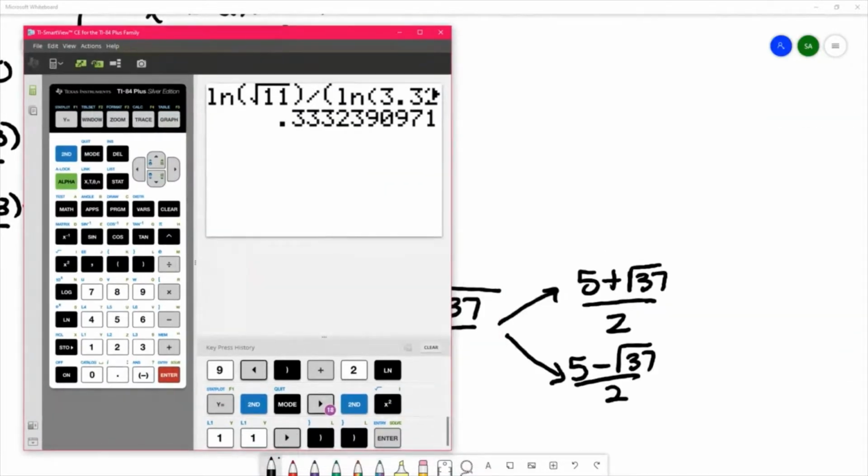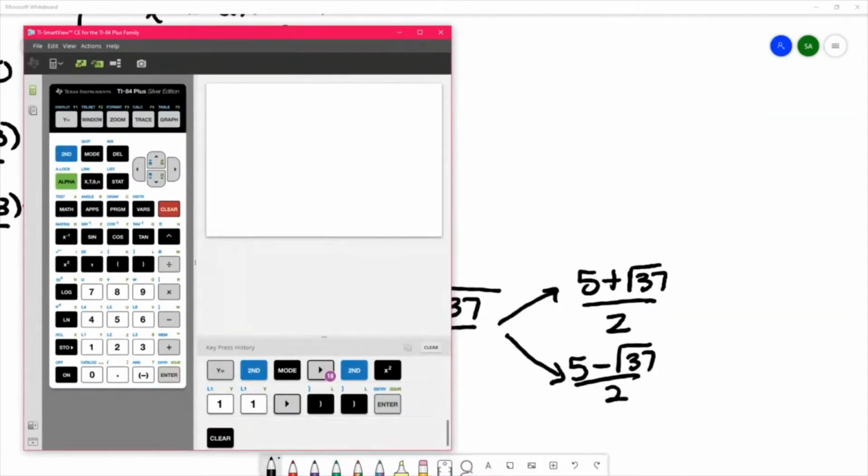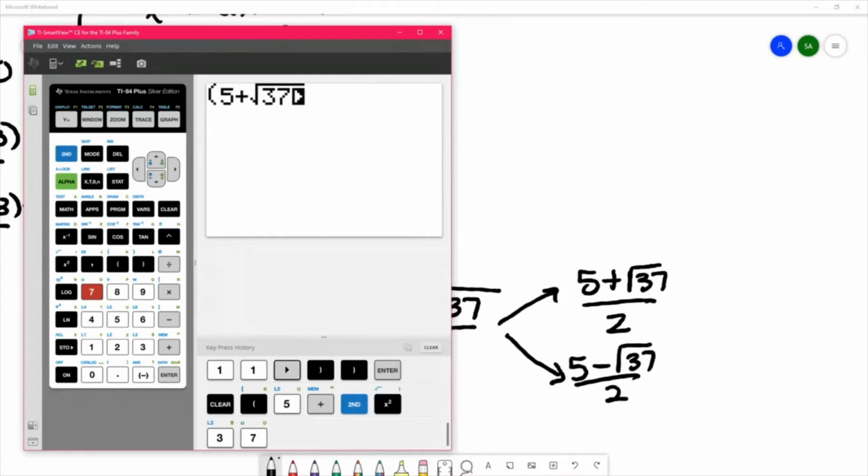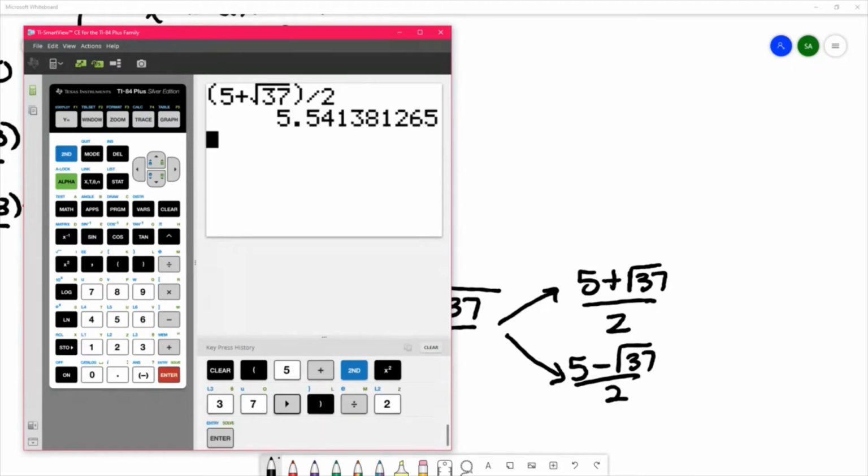To get that decimal approximation, I need parentheses around my numerator. That's 5 plus square root of 37, close parentheses for the numerator, over 2.